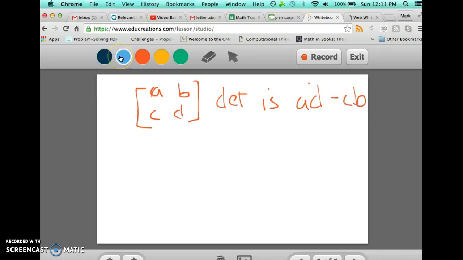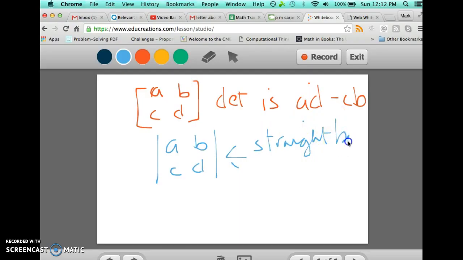There's special notation for it: we put straight bars, so straight bars mean determinant. For example, 2, 6, 1, negative 1.